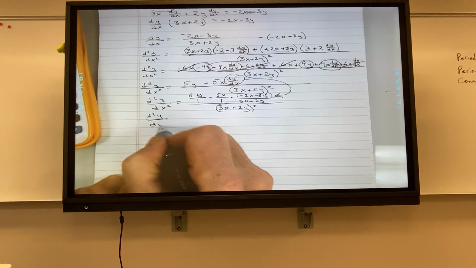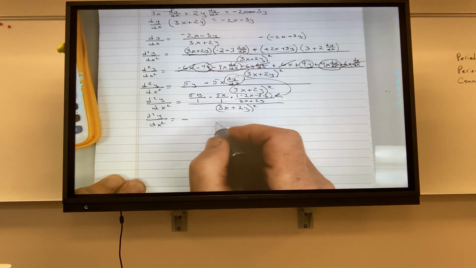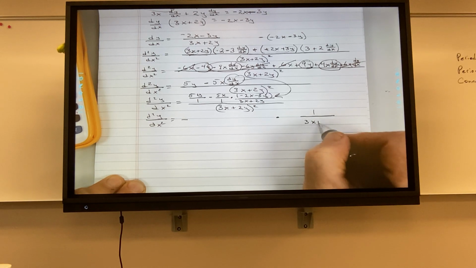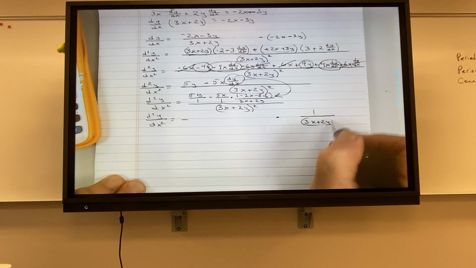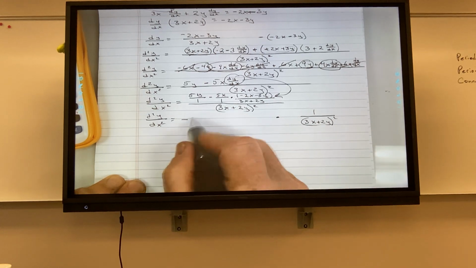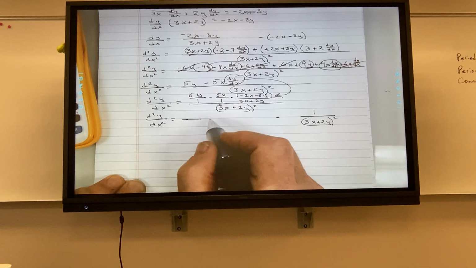Let's get that back. I'm going to multiply by the reciprocal, which is going to be like this. So I took this thing here and I said, rather than divide by this, I'm going to multiply by its reciprocal. So what do I have here?